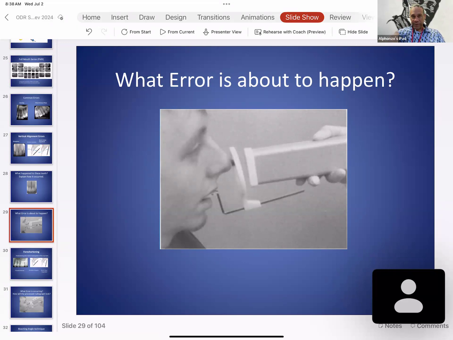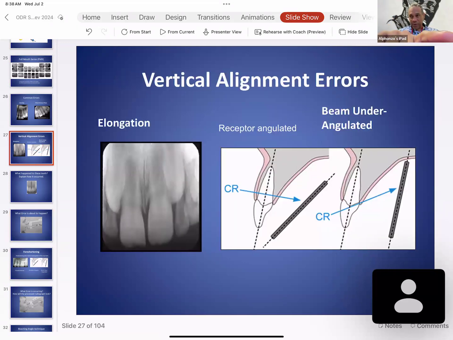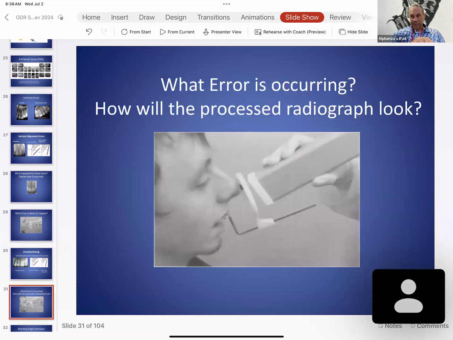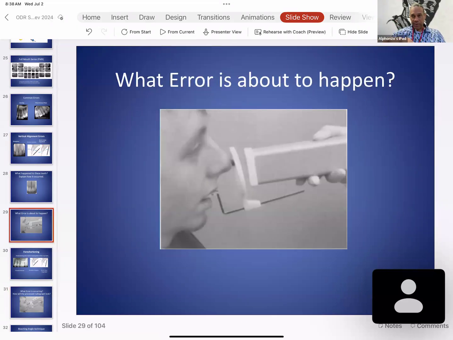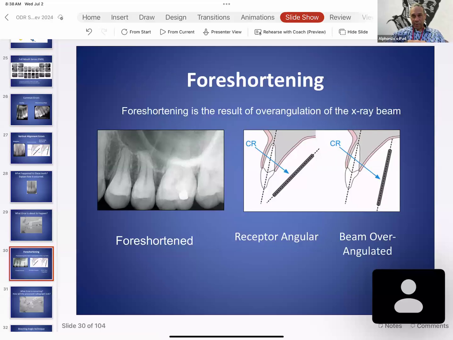So that will give us one of these problems here. Okay, so let's spend some time to understand this concept. It'll help. Now, we'll go over foreshortening.